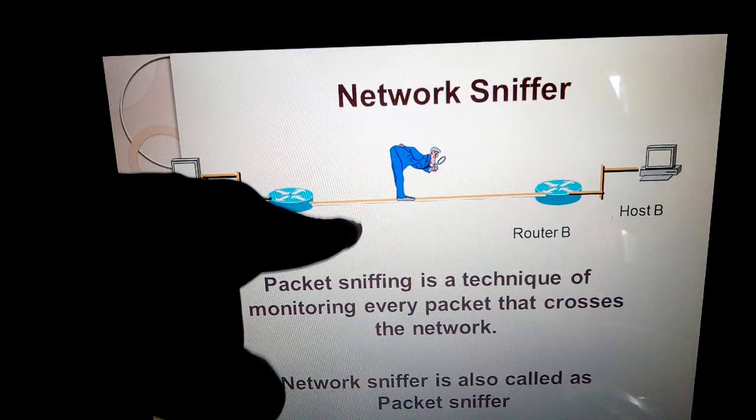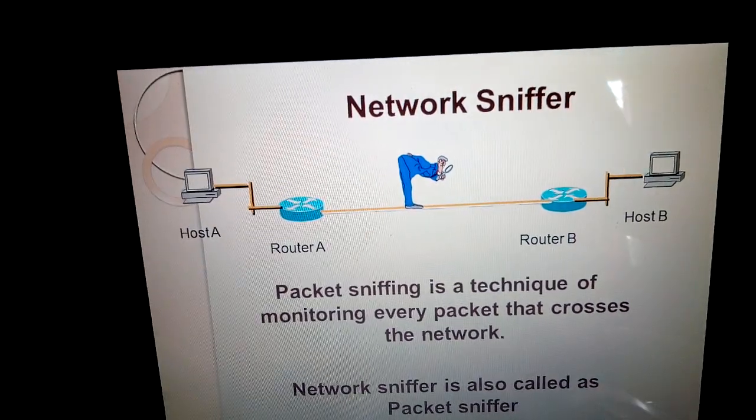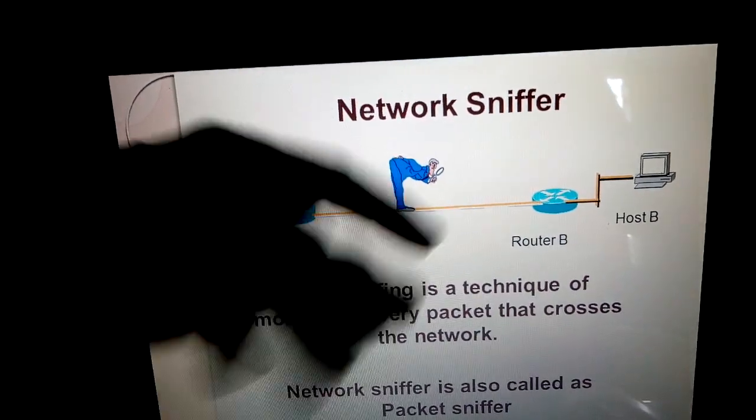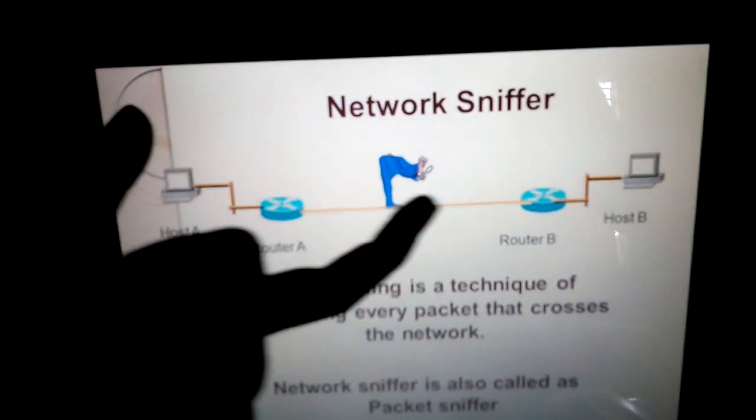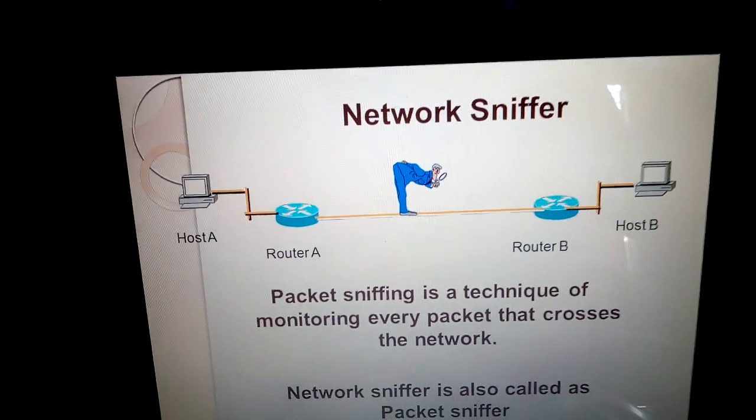This kind of activity is what we call a network sniffer. That is, the person is trying to gather information on the local area network, whatever network exists between two parties. That is what we call a network sniffer, or it is also called a packet sniffer.